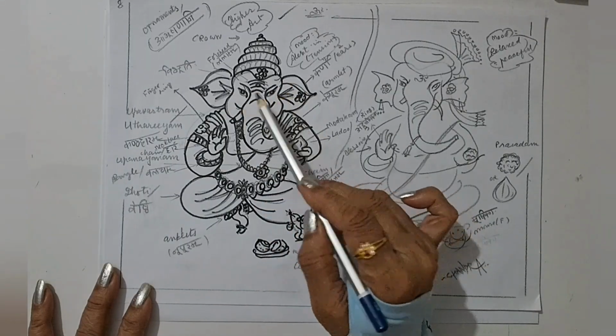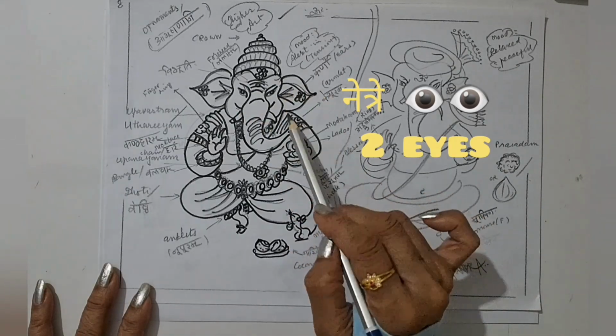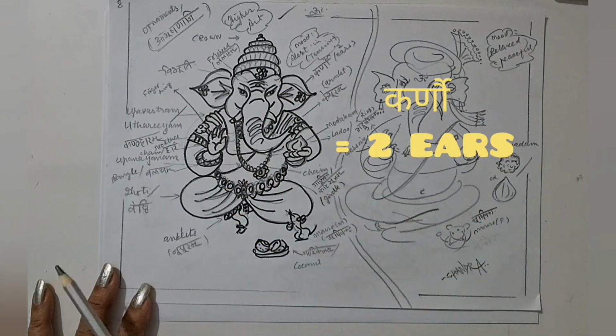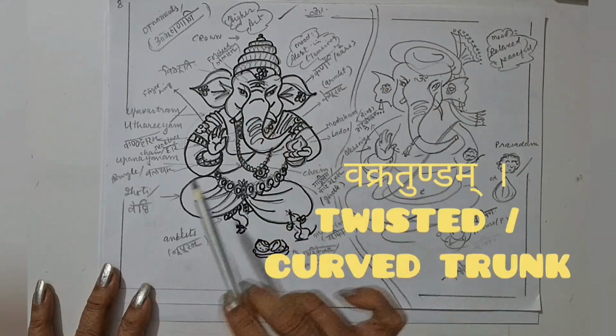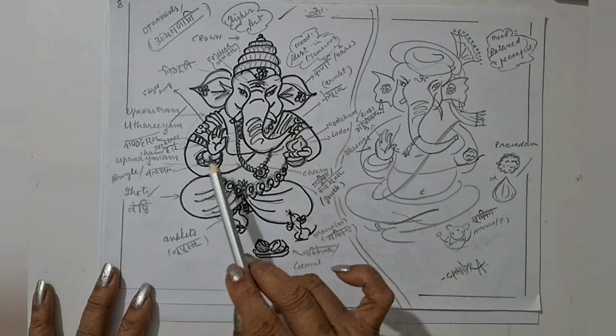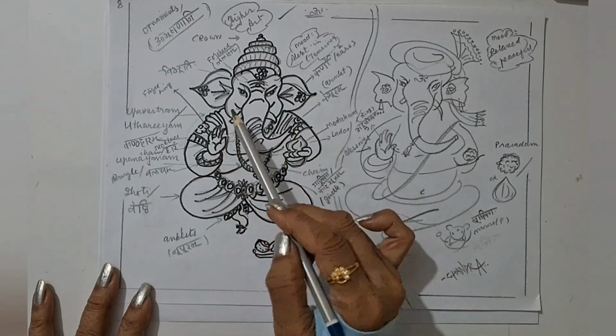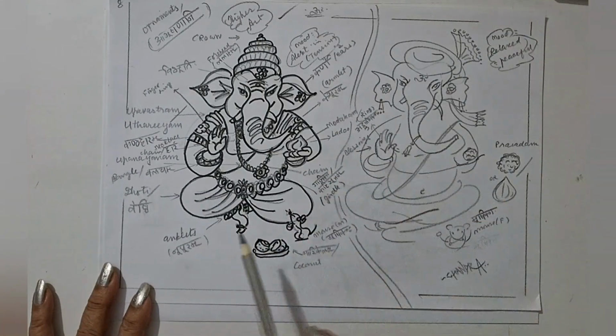Netre, eyes, because two are there, no? Netre, dual form. Then karnau, that is ears. Two ears are there. Then vakratundam, all of you know. Vakram means twisted, tundam means trunk. Then what about the padam, padau and all, you know that.